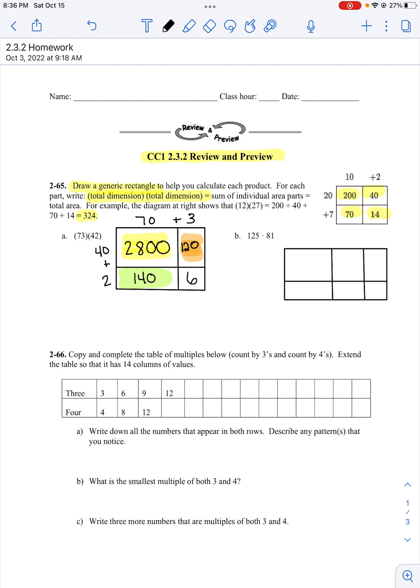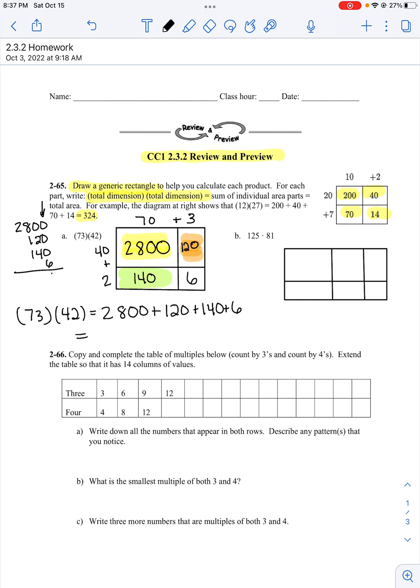So I need to write it as 73 times 42 equals 2,800 plus 120 plus 140 plus 6 equals, and I have to find the total, so I'm going to write them vertically so I can add them a little easier.